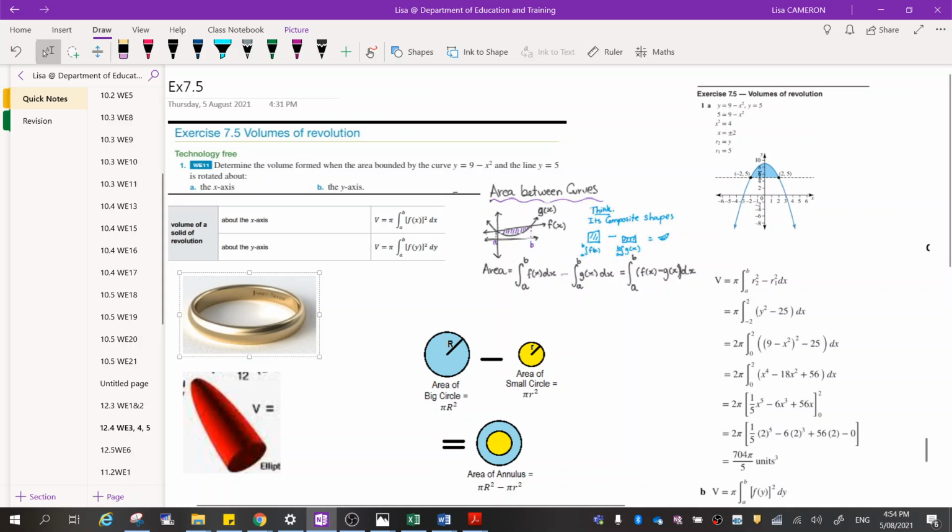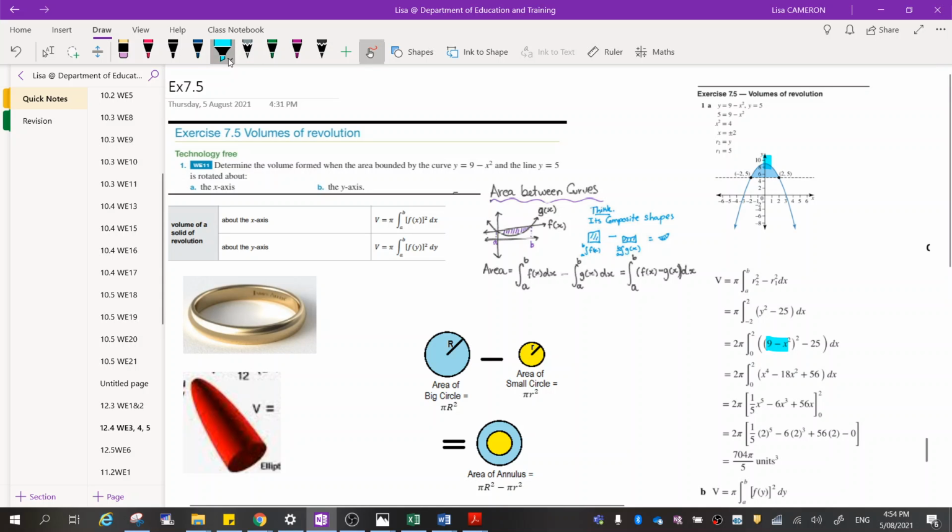For us, our function of y, or 9 minus x squared, is on top, so that'll be the one that goes first, which is why here that function goes first. This here is on top because that's on top there.